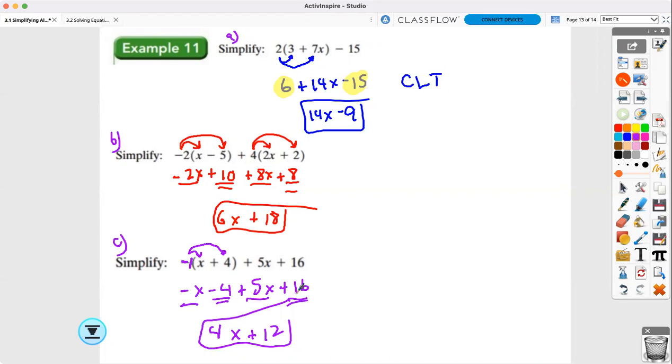Any questions on the examples we just did right now? On the distribution, and then I'm gonna write the step CLT next to this line. After you distribute, we have to combine like terms. Do not forget that step. So you could apply PEMDAS in this too, kind of a little bit, if that makes sense. Well, actually, to simplify, you do use PEMDAS. That is correct, Justin.